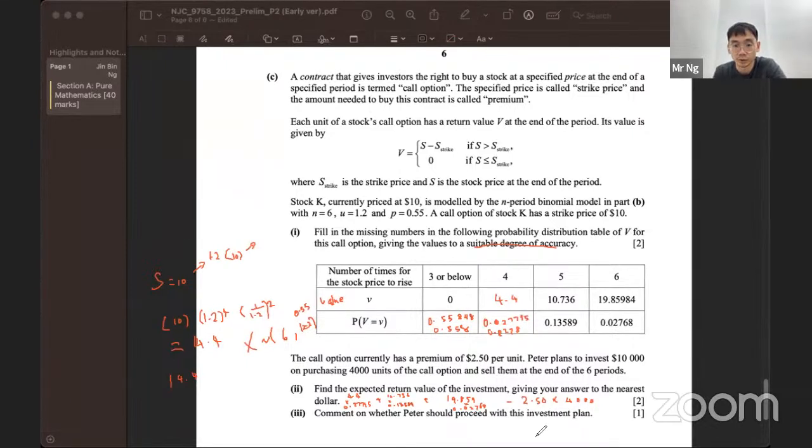The expected value she will get will be 2926.37. If I'm an investor, I will buy them because it's a very good return. You invest 10,000, you will earn back so much. This is your expected rate of return. Return on investment should be minus away the premium.